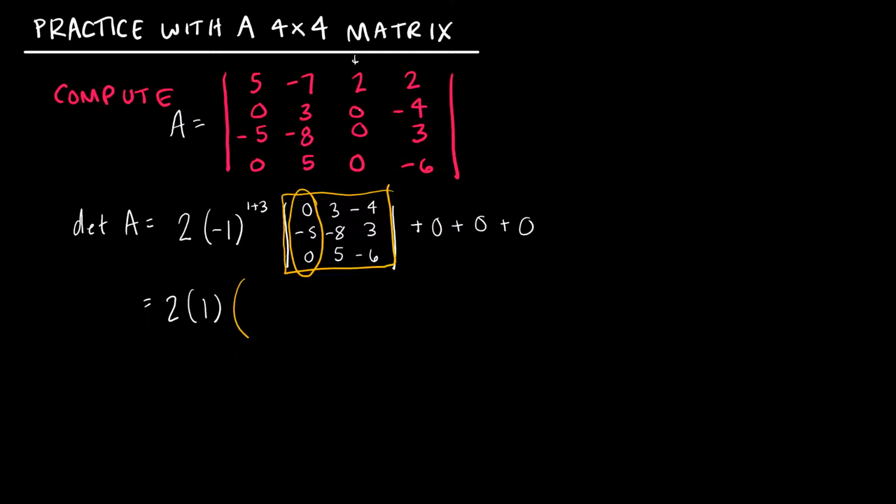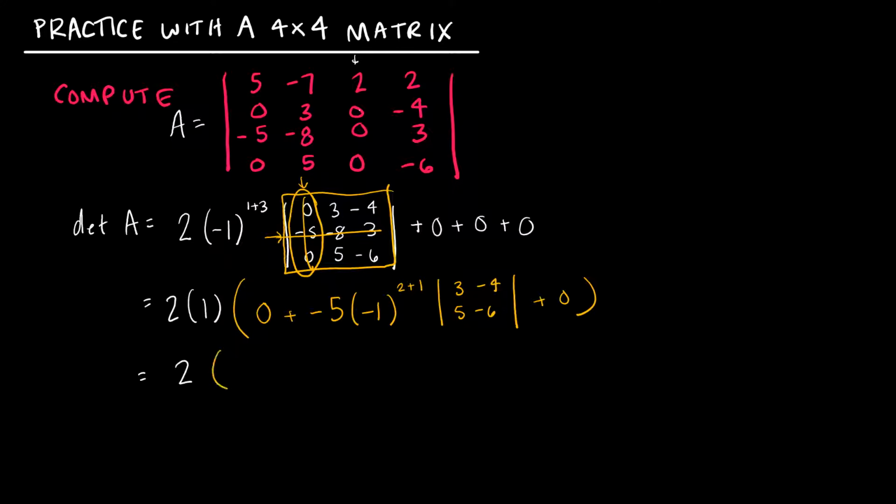That's going to tell me to take 0 times what's left over, which I don't care about, plus negative 5 times negative 1 to the, that's second row, first column, and then the determinant of what's left over, which is 3, negative 4, 5, negative 6, and then of course plus 0.